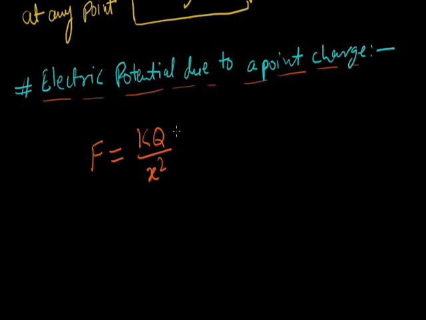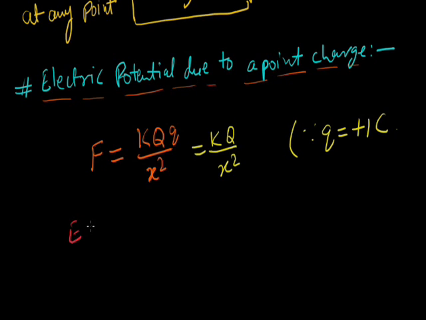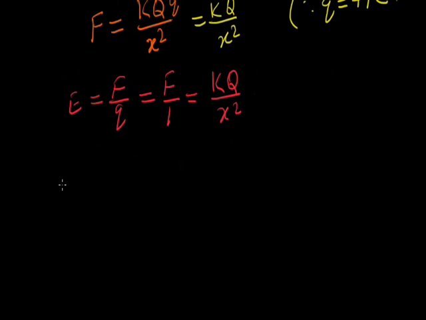So it will be KQq upon x squared, and this will be equal to KQ upon x squared if q will be plus 1 coulomb. So from here we get E equal to F upon q, that is F upon 1, that is F, so the E vector will be equal to KQ upon x squared into x hat.